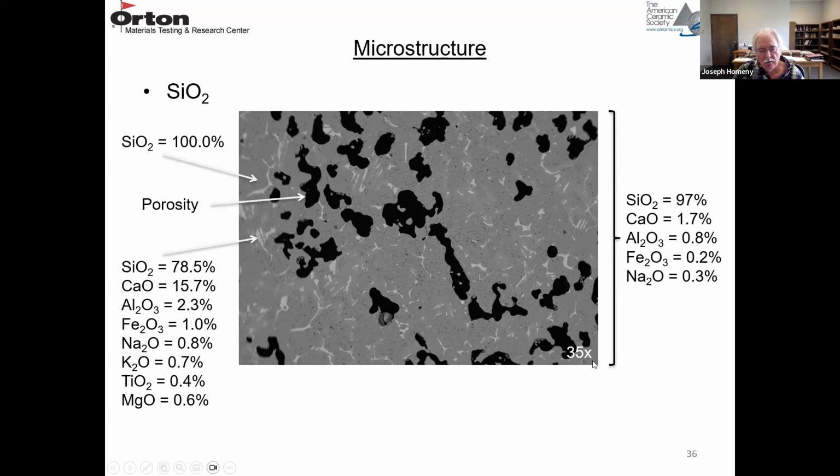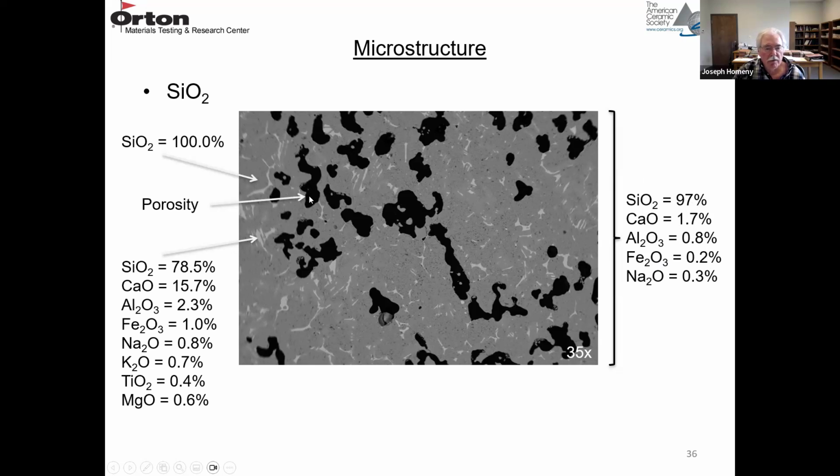It's at 35x, and we're using EDS to get the chemistry. So the chemistry of this entire field of view is over here. It's about a 97% silica refractory, about 1.7% lime. And then you have alumina, iron oxide, and sodium oxide adding up to a little more than 1%.